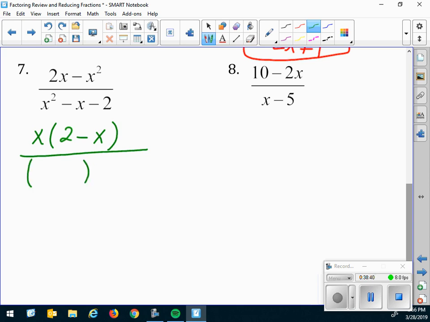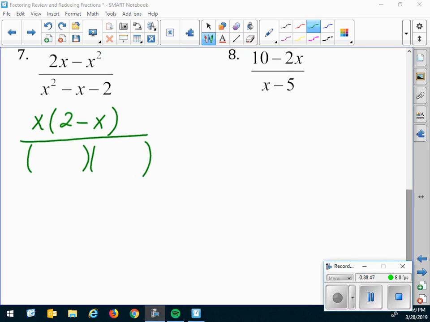We got to try. Will this denominator factor? Yes. How? Do you have any common factors that you can factor out? I can factor them out, but it's not 1.